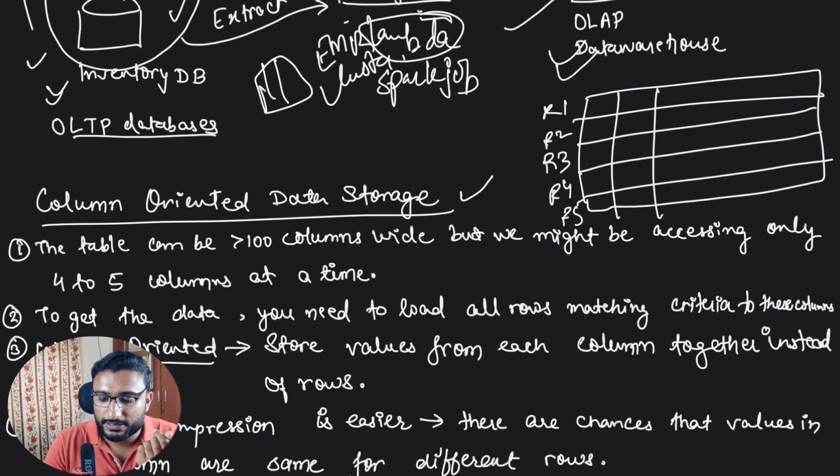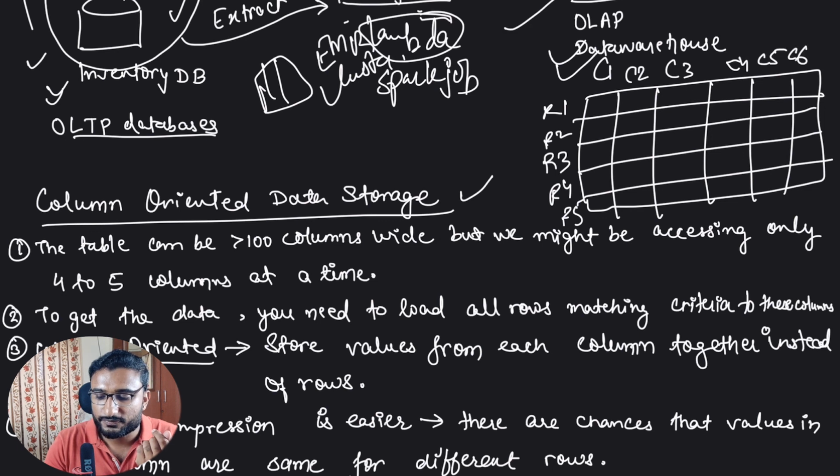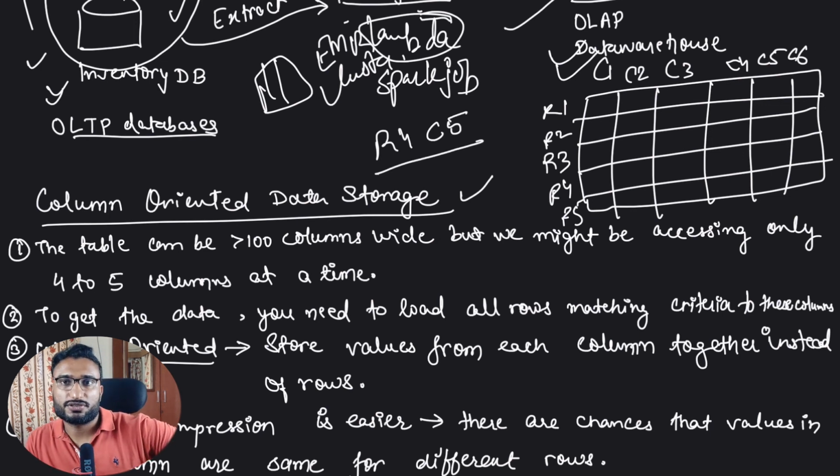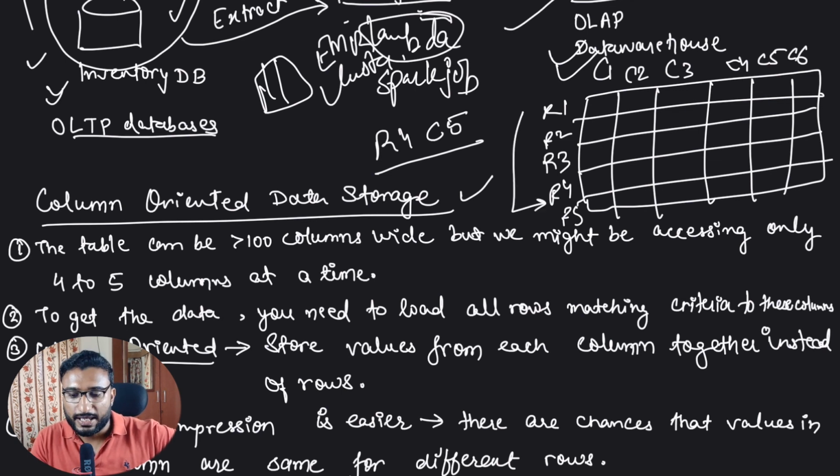And then you have, let's say, columns C1, C2, C3, C4, C5, C6, okay. Now let's say for a particular query I want to return R4 column C5, okay. So what I will do in general, I will go to R4, and then I will extract the column from here.